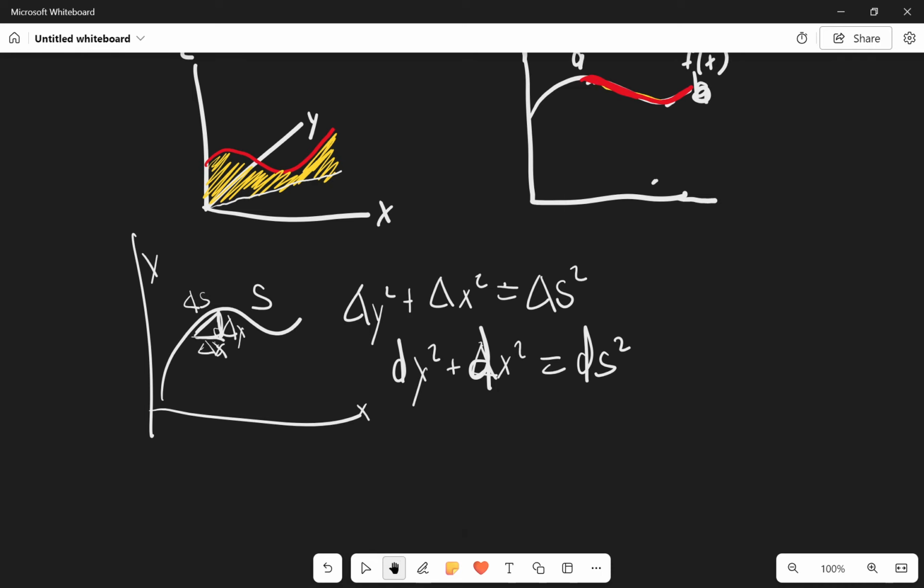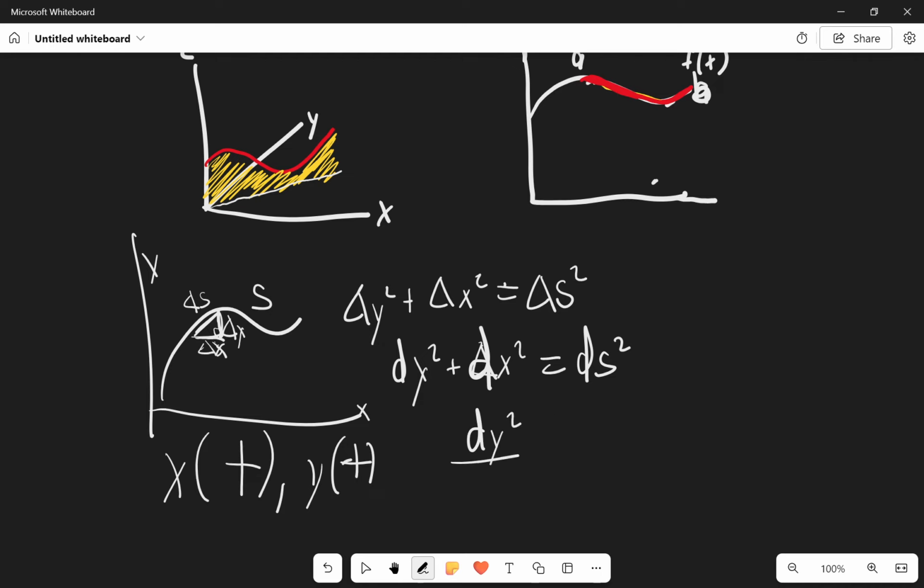And remember that x and y are functions of our parameter t. So let's divide both sides of the equation by dt squared.